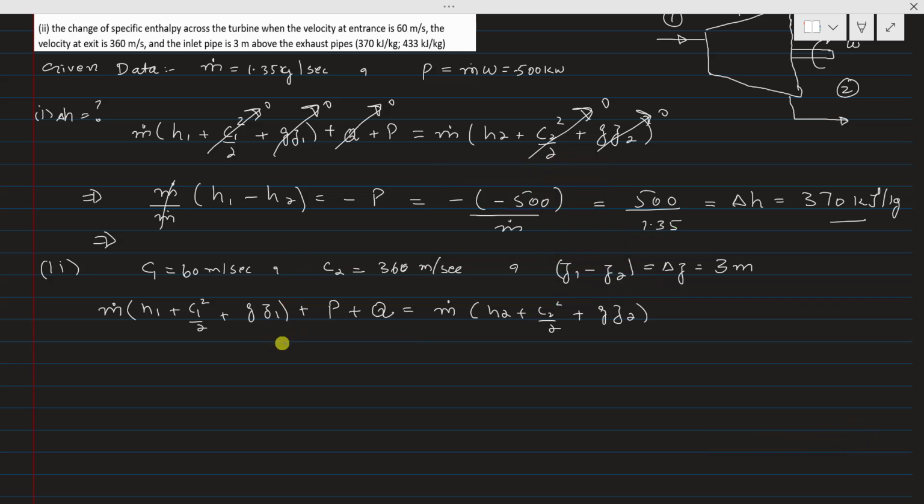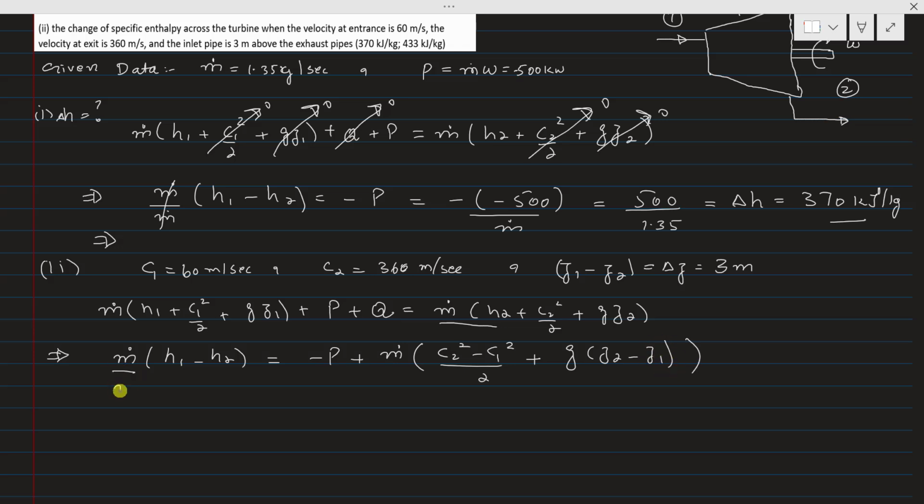Now rearrange this equation for change in enthalpy. So I can say that this change in enthalpy is equal to mass flow rate times H1, and this term will shift to that side and become minus H2, and this whole term will shift to the right side and become minus P. Q is 0 because of negligible heat transfer, then plus mass flow rate times C2 square minus C1 square, divided by 2, and plus g times Z2 minus Z1.